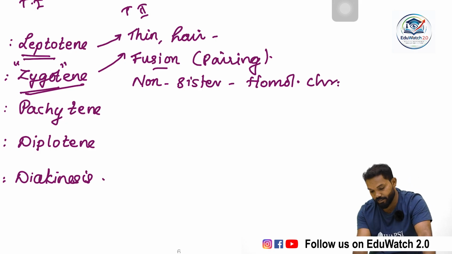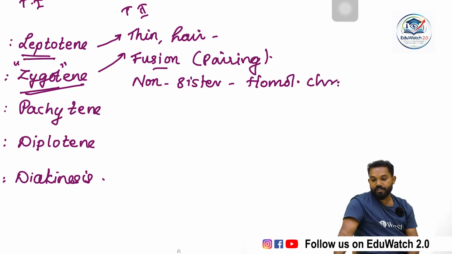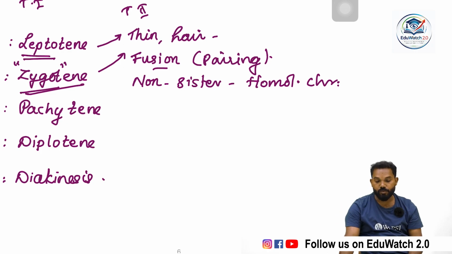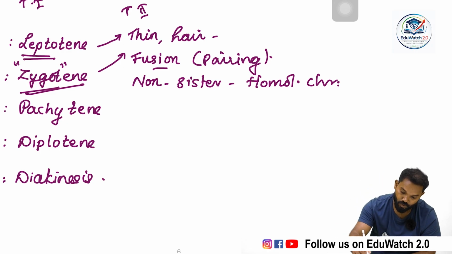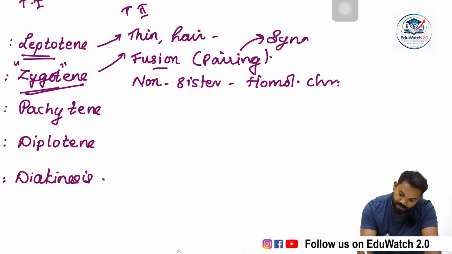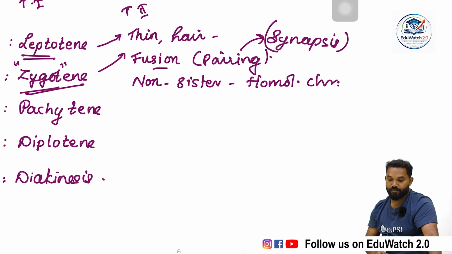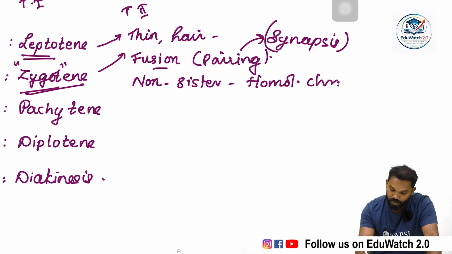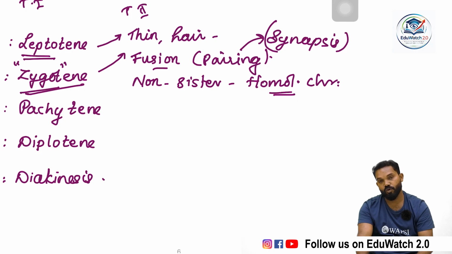There are many terms: non-sister chromatid, homologous chromosome, then pairing or synapsis. Synapsis is the characteristic of zygotene.